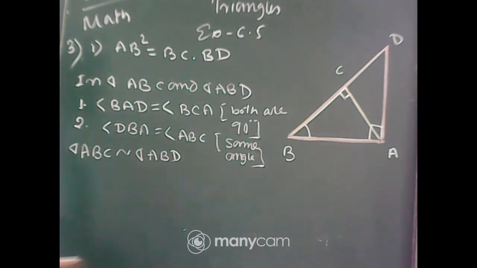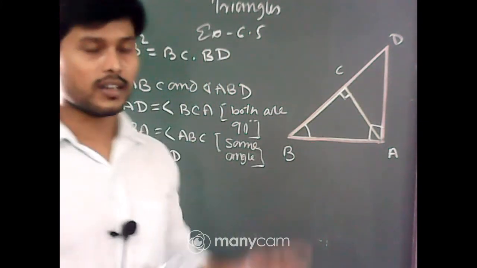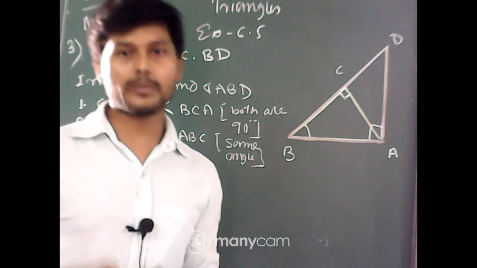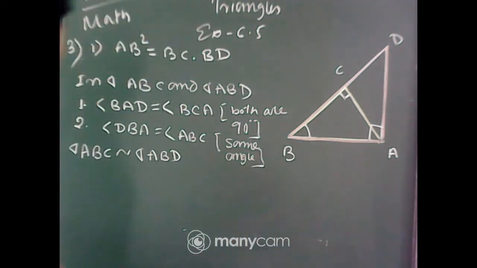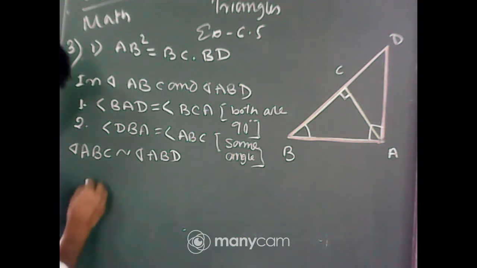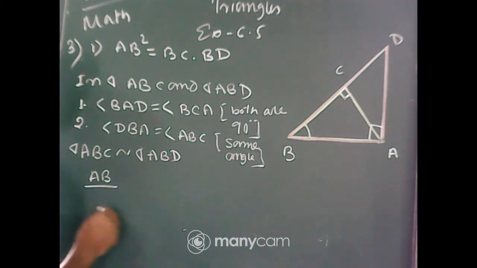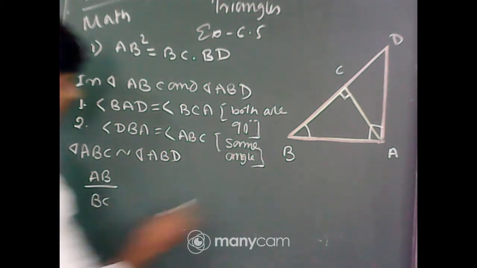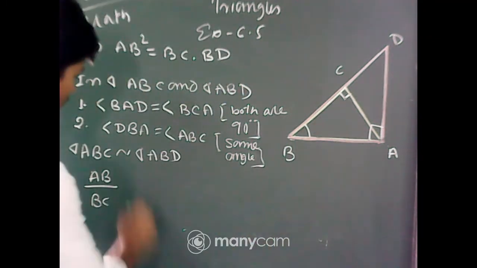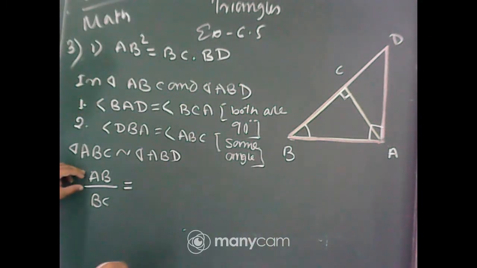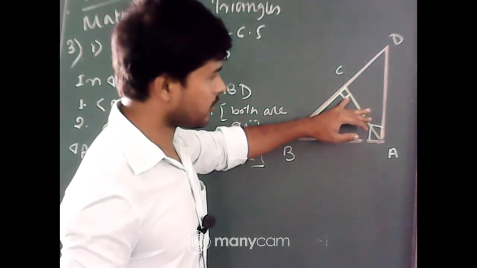Now, whenever we have proven that the triangle ABC and the triangle ABD are similar to each other, we know that in two similar triangles the corresponding sides are in the same ratio. So we take AB by BC of the triangle ABC. What is the corresponding side of AB? AB is opposite of the 90-degree angle.